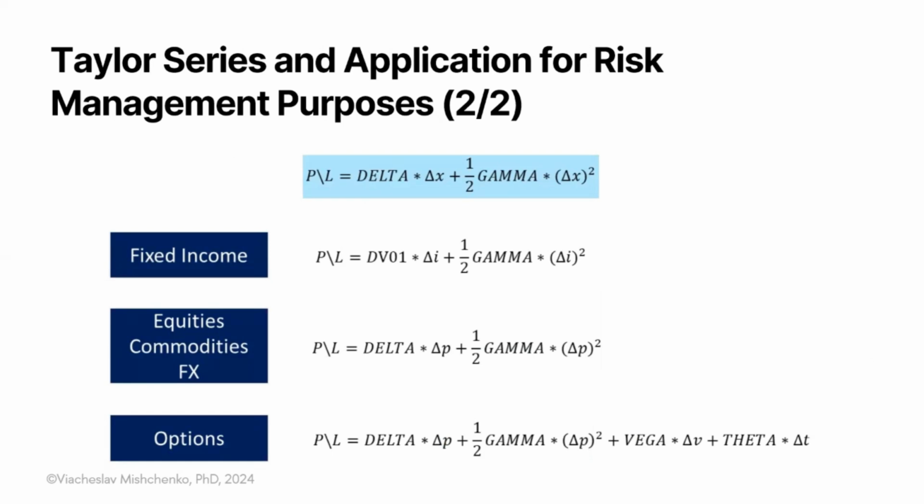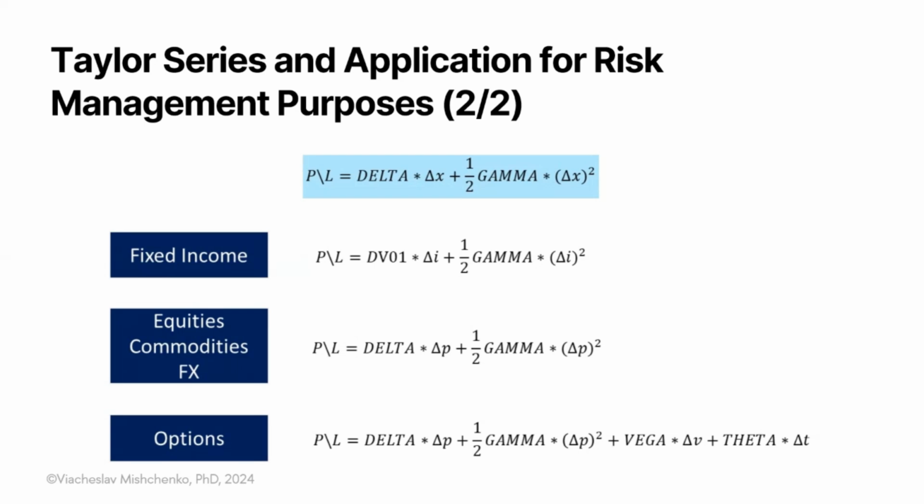Let's go on with the Taylor series and apply it to different asset classes to understand how it works. For fixed income, we usually use DV01, or as you remember, dollar value of 1 basis point, instead of delta like for options.